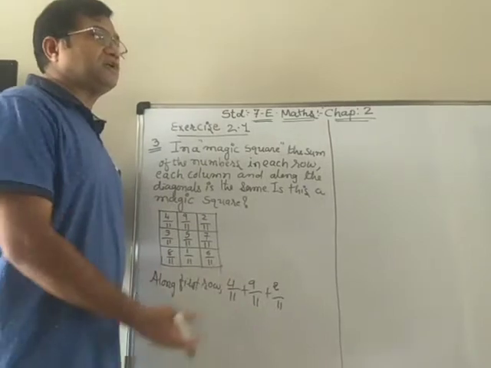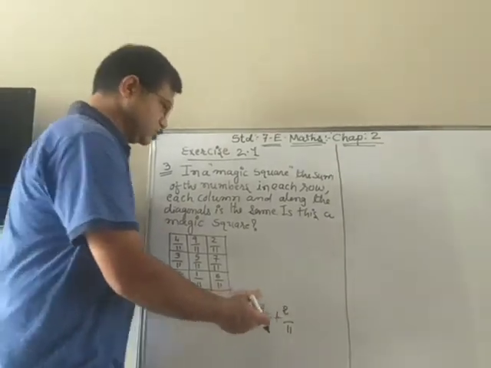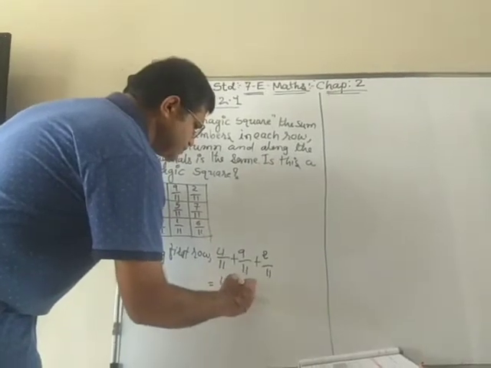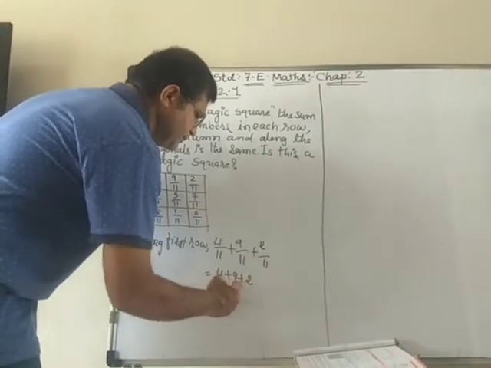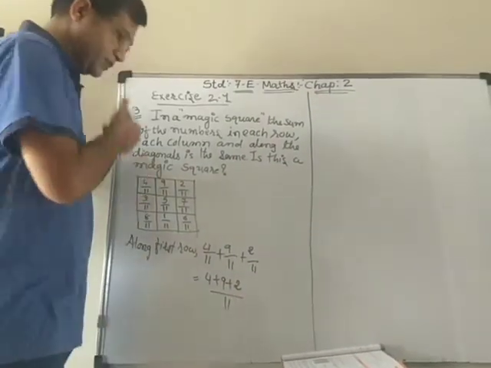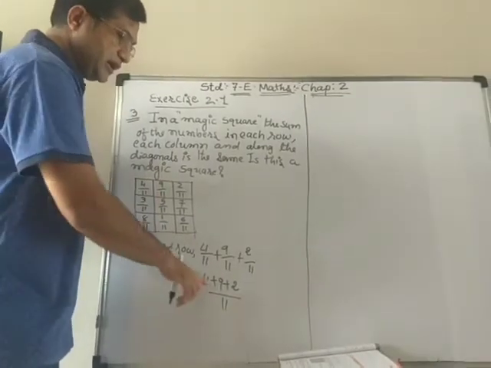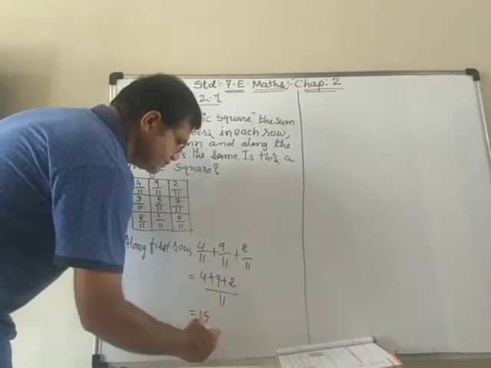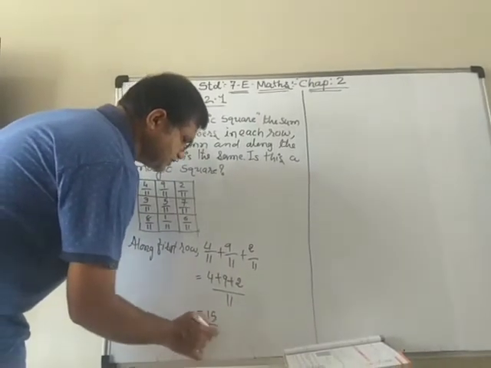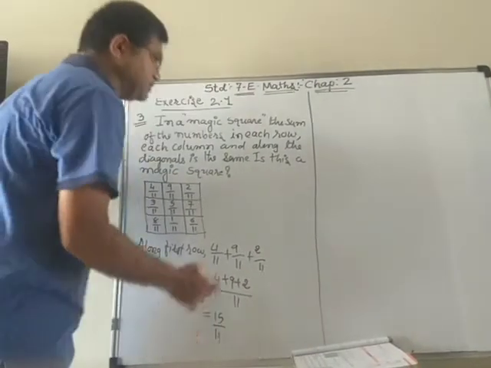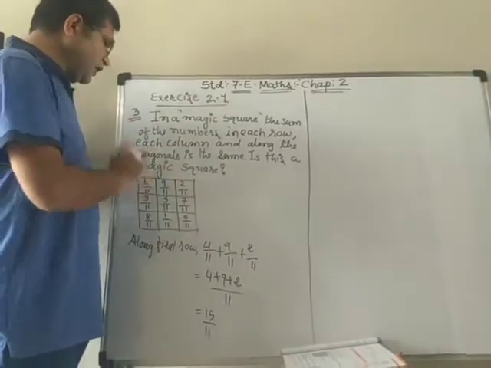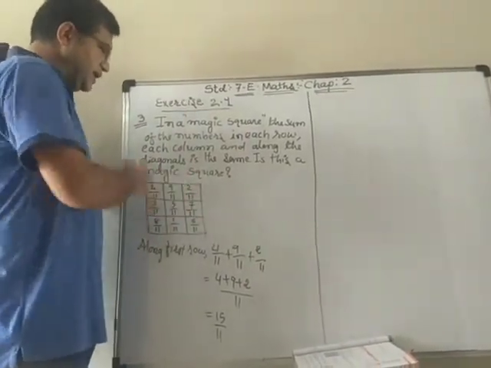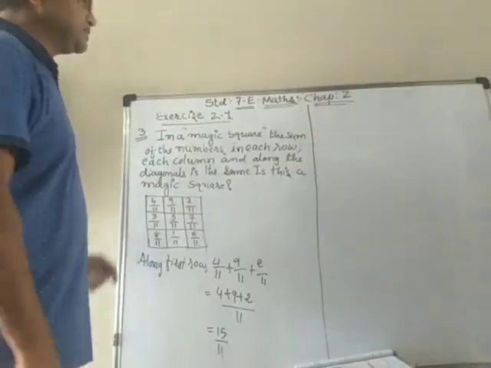Now it is easier because they are like fractions, so we just have to add 4 plus 9 plus 2 upon 11. So that is 15 upon 11. So the first answer is 15 upon 11. It means that the answer for the other 2 rows, 3 columns and 2 diagonals must be the same.